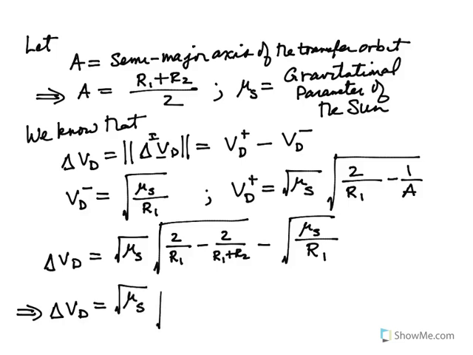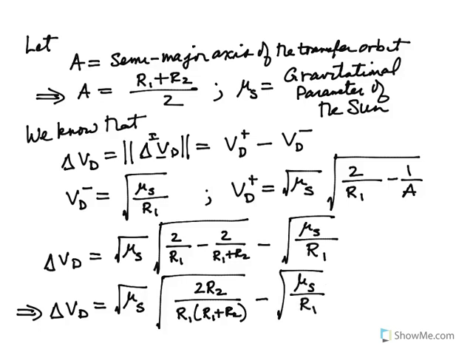Now I'm going to simplify this, put it under a common denominator. The common denominator is going to be r1 times r1 plus r2, and what's left is 2 times r1 plus r2 minus 2r1, which is going to give me 2r2, minus the square root of mu s over r1.